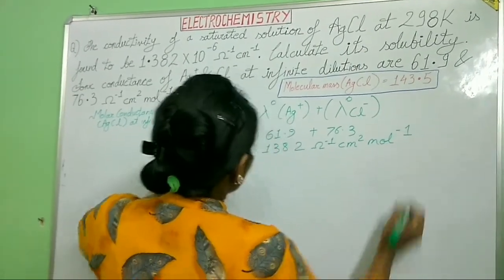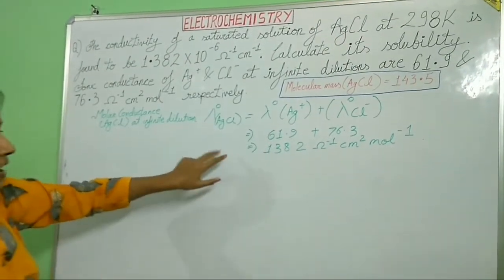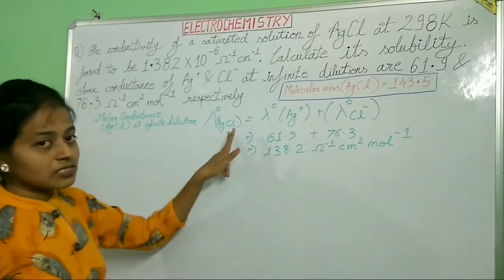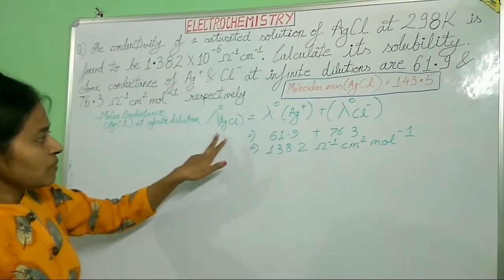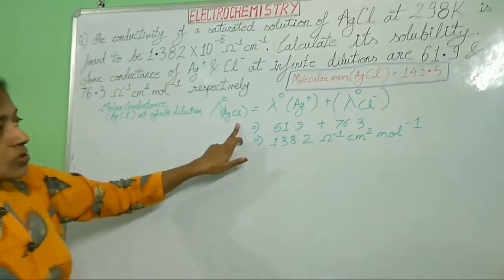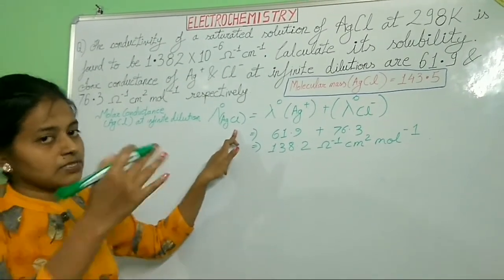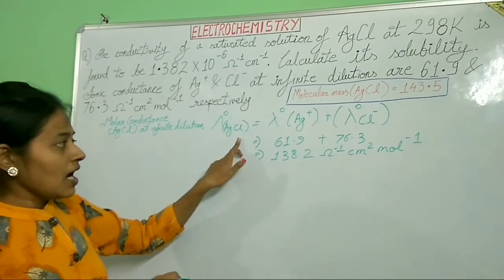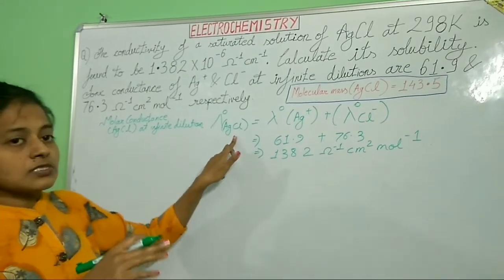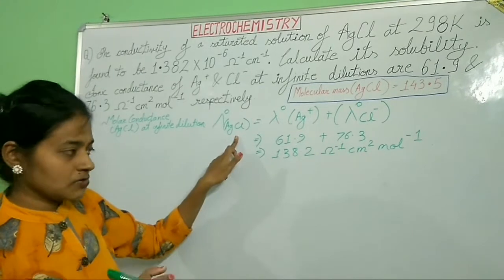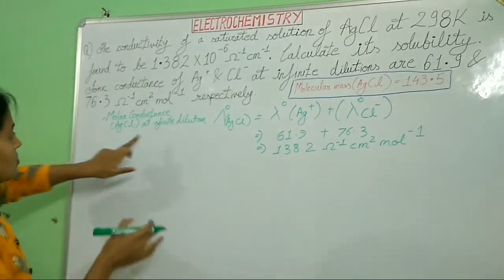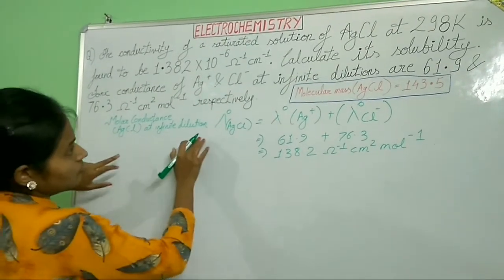Yes. Now, we should keep in mind that AgCl is a sparingly soluble salt, right? So, for a sparingly soluble salt, solubility is taken as concentration, or concentration can be taken as solubility. Okay. And their solutions can be taken as infinite dilutions. Okay. So what do we have to find out?